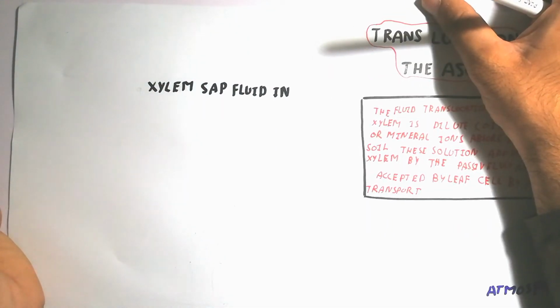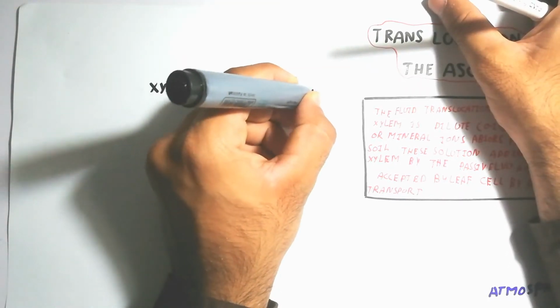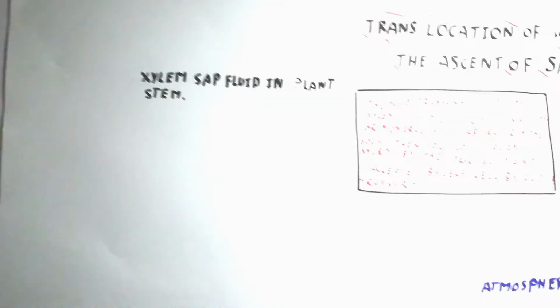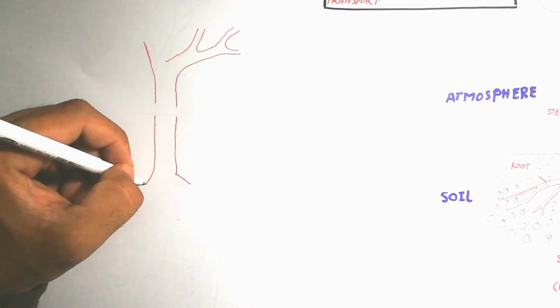The upward pull of water is due to ascent of sap. That is due to the pressure creation, and we will discuss the different theories in the next video.